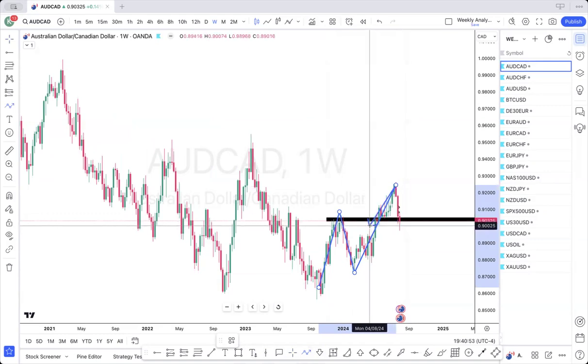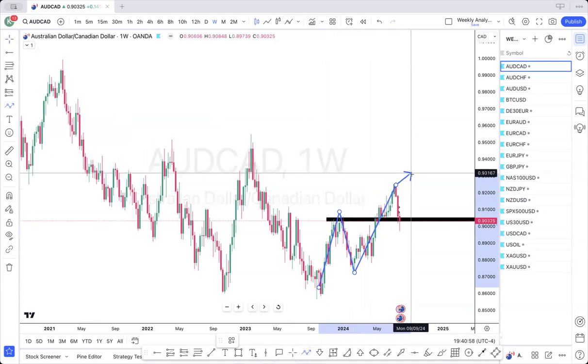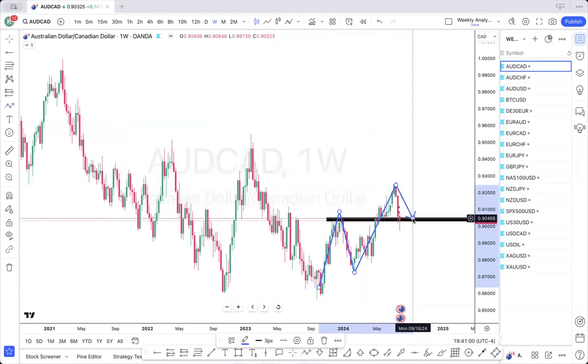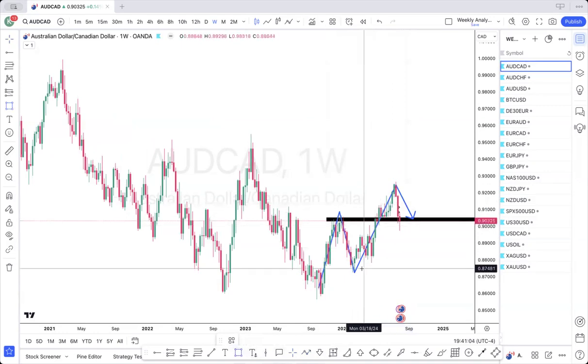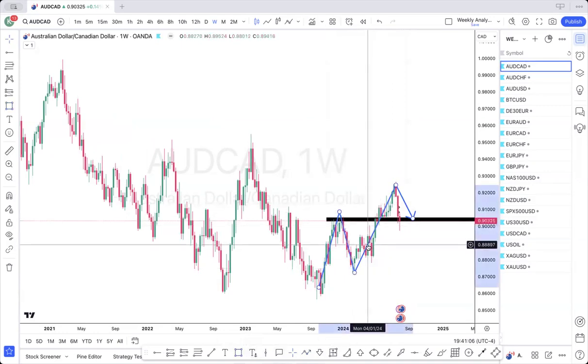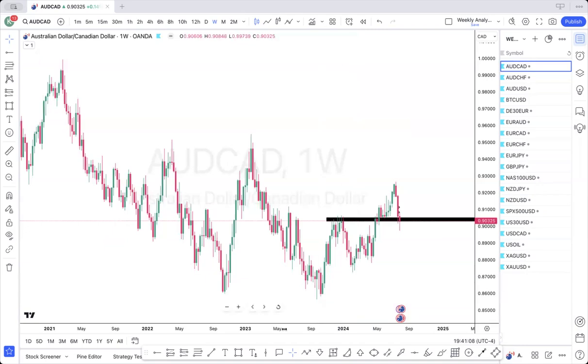As you can see, price has tapped into what I believe is 50% of this imbalance. Let me erase that.